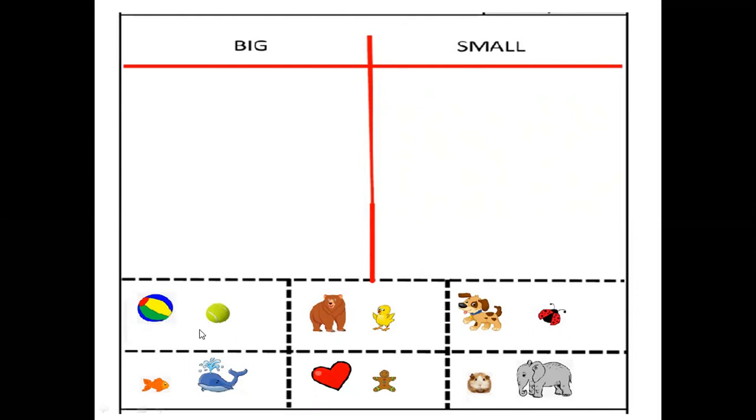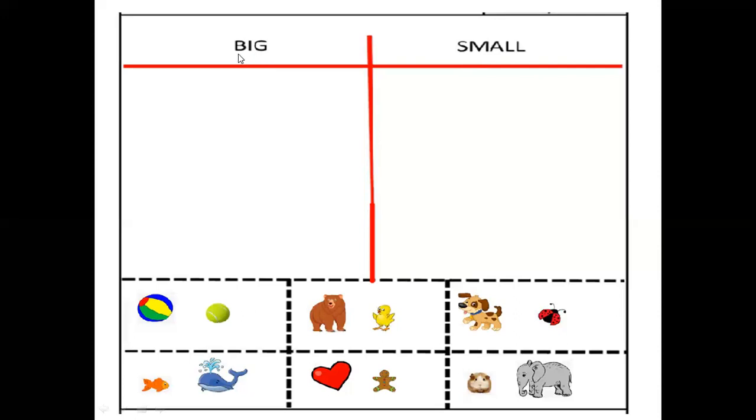Now look here, there are two balls. Which one is big? This one or this one? This one is big. And which column is for the big one? This one, B-I-G, is called big.